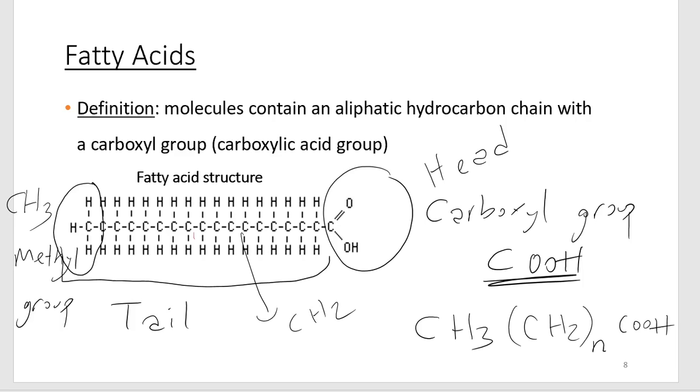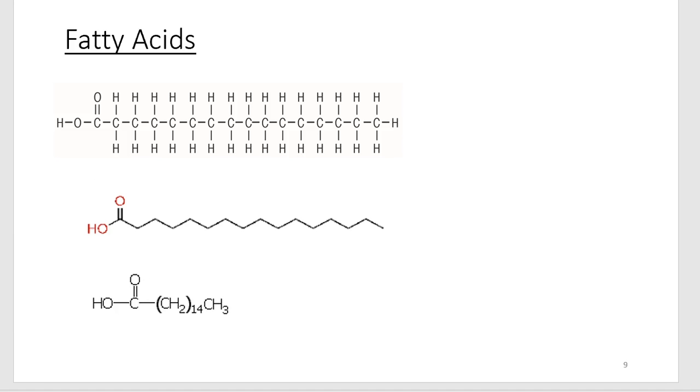So this N is going to determine the structure and function of the fatty acid. Let's go ahead and look at the different ways that fatty acids can be presented. These are the different presentations of fatty acids here. First one is the open structure we just saw in the previous slide.